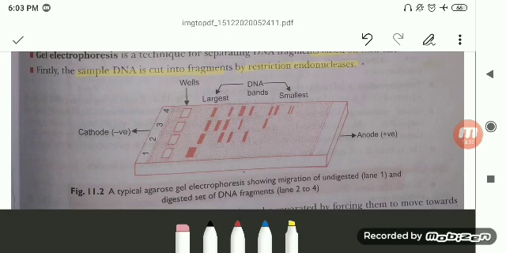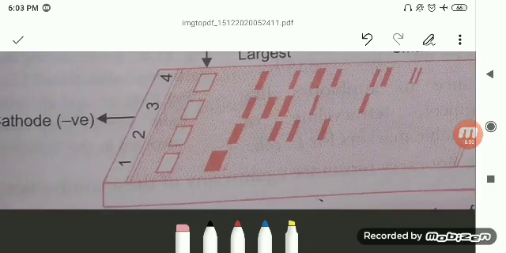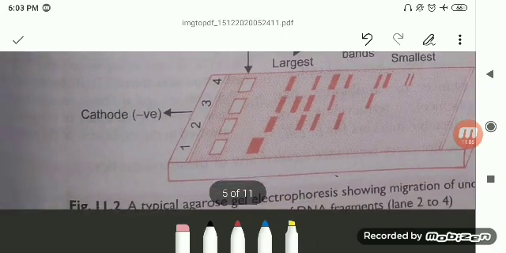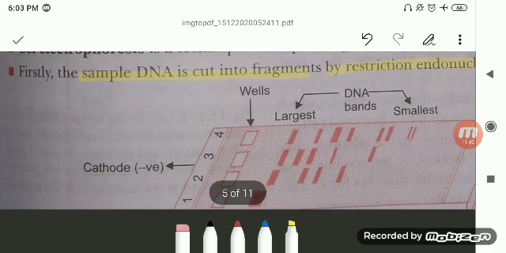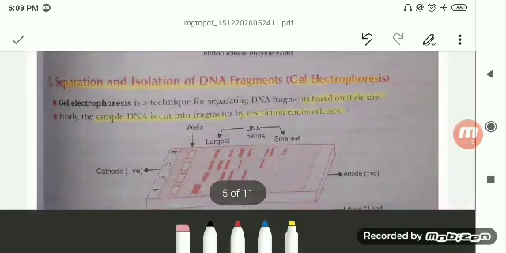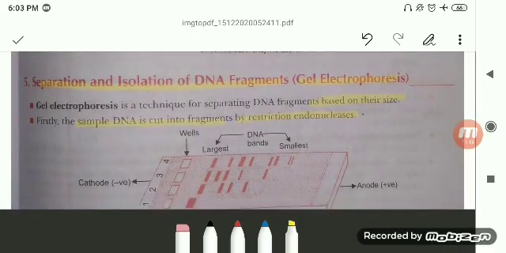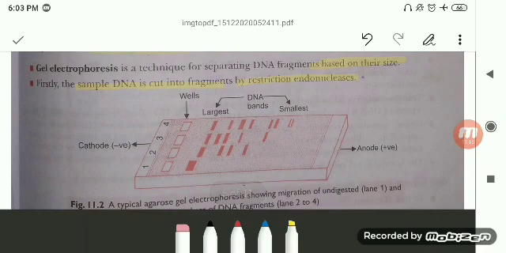We have the pits, or wells, in which we will put the sample of the DNA, and then we will attach the cathode and anode.